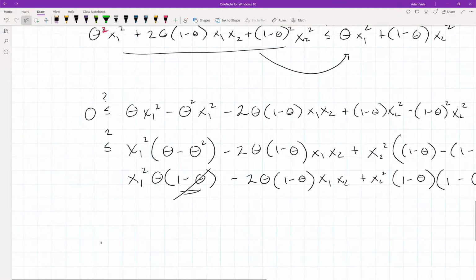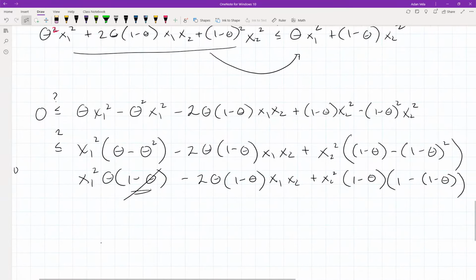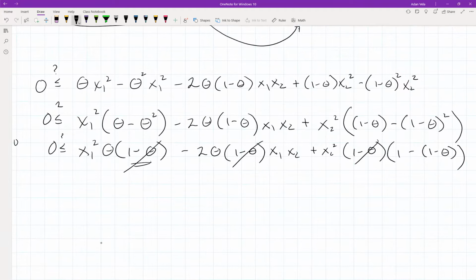So when 1 minus theta is equal to 0, we end up with 0 less than or equal to 0, which holds true. Now we consider the case where 1 minus theta is greater than 0, and we can divide both sides by 1 minus theta without changing our inequality.